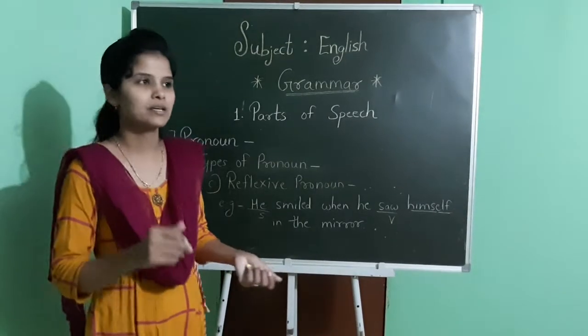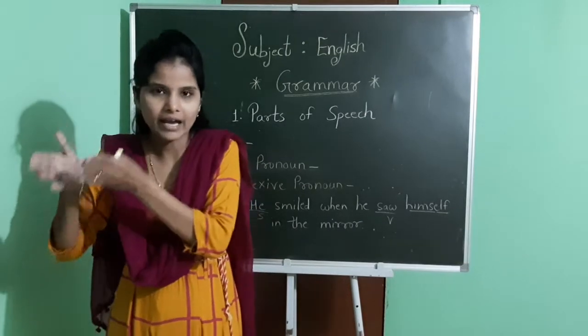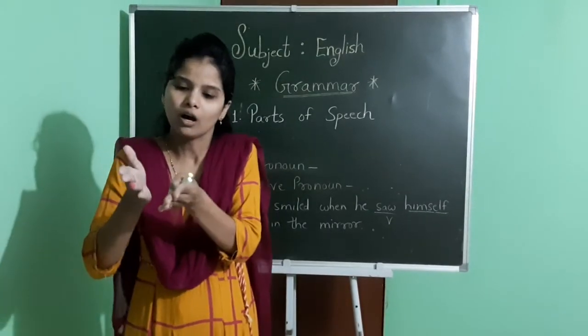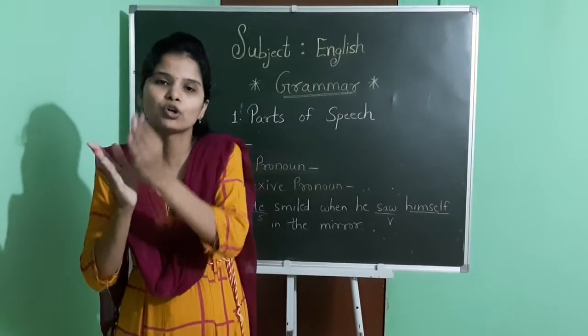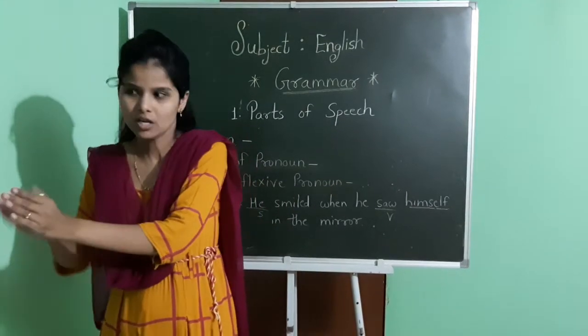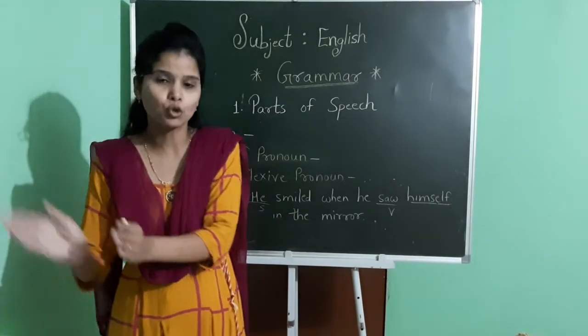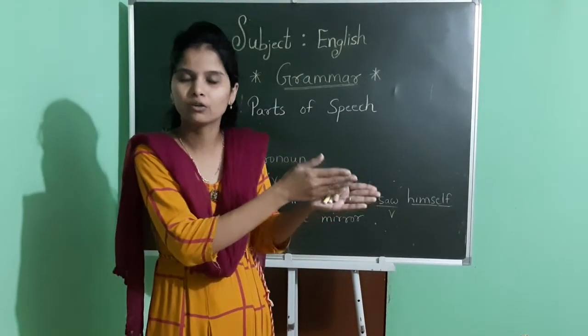Okay, another example. We enjoyed ourselves. So that action of enjoying, what is the effect? The effect is done on what? On the subject only. We enjoyed ourselves. Ourselves is the reflexive pronoun there. I framed it by using we only.